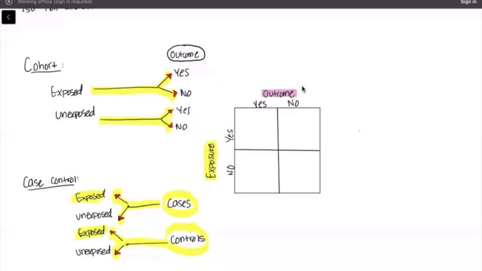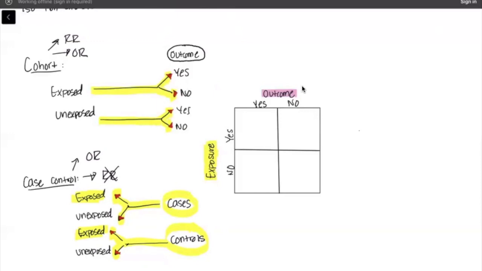Another important point is that with cohort studies, you can calculate both a risk ratio and an odds ratio. However, in a case control study, you can only calculate an odds ratio and you cannot calculate a risk ratio. The reason for that has to do with the time element.